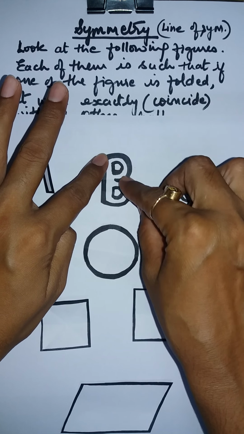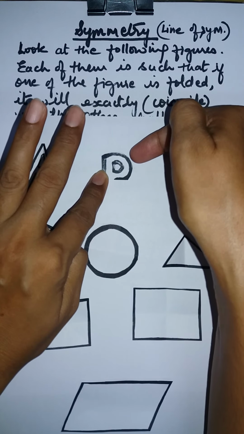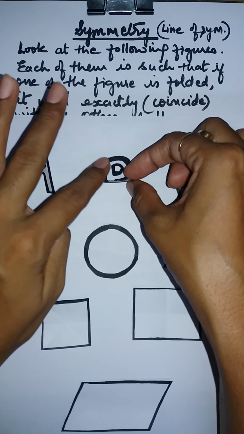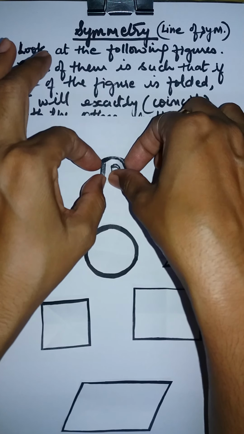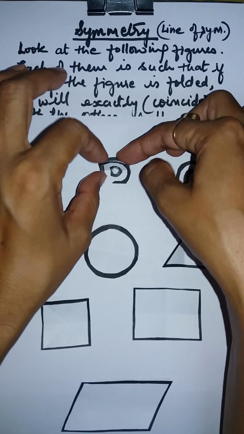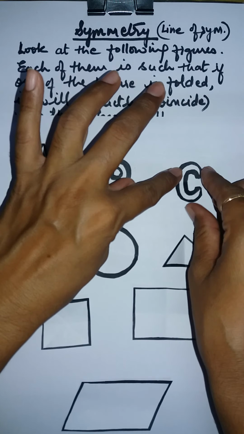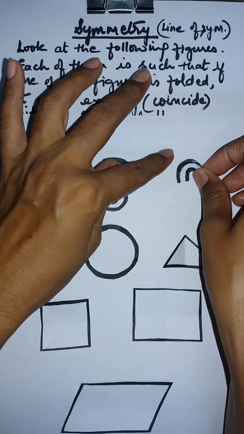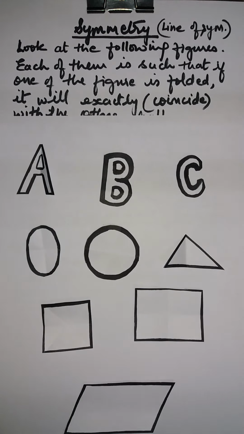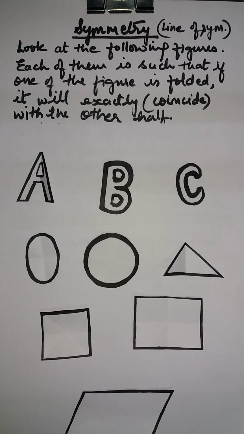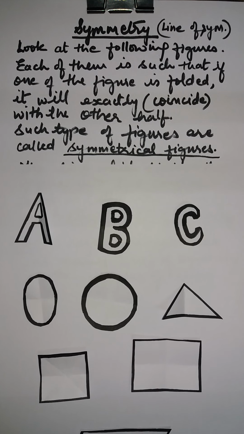It means we cannot see the below one part of this letter B because this is hiding this part exactly. Such type of figures are called symmetrical figures.